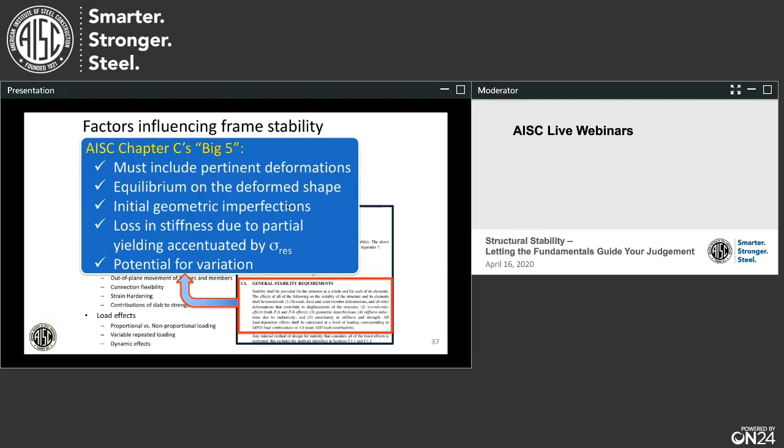Consider the impact of initial geometric imperfections, and consider the loss of stiffness due to partial yielding, with or without residual stresses, that partial yielding may occur. Of course, it's going to occur sooner and be more significant if residual stresses exist in the members. And then these variations could occur just like any other variations that we account for with phi and omega factors. So over the years, this has become AISC's Chapter C Big Five.